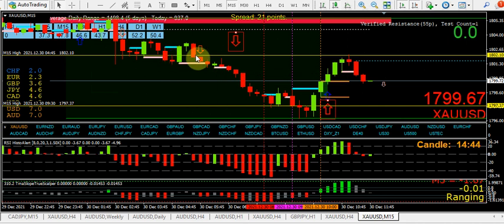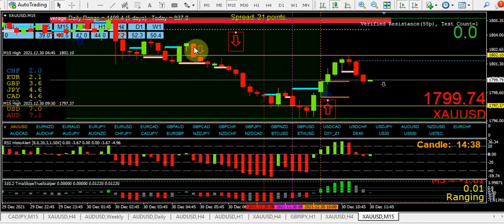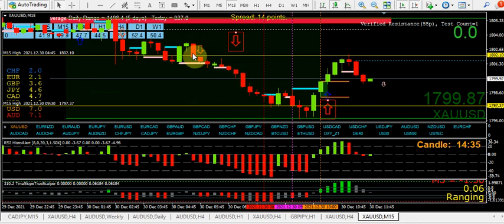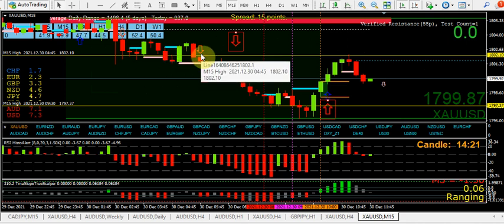Old resistance failed to act as new support, didn't even create a tail on that. That's a massive trigger, if you like, a massive point that I always think about, and it adds to my belief that the price is breaking down because of that tiny little situation there that I never talk about.